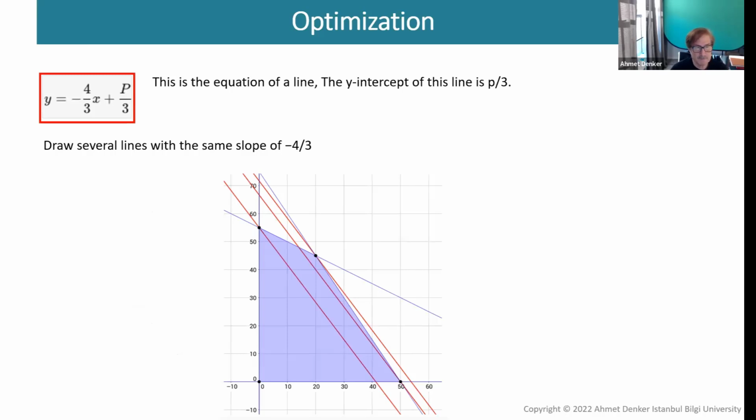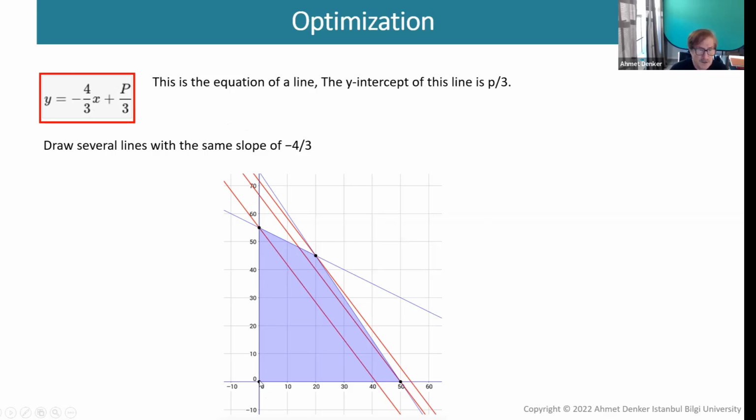This is what I mean. So we draw several lines with slope -4/3, and the y-intercept is where they cross the y-axis, or x is equal to 0 axis.